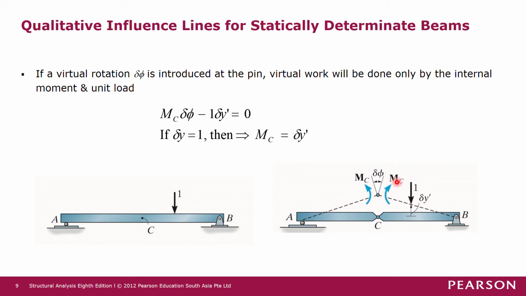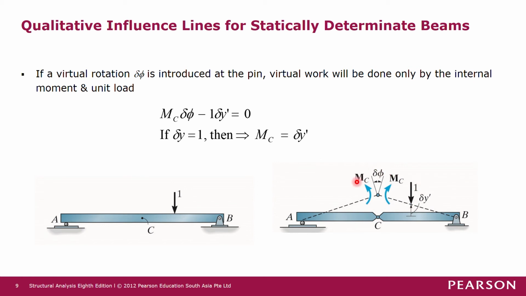This bending moment causes a rotation of del phi. If the 1 unit force is here, then this is the displacement for this 1 unit force, which is in the opposite direction of the 1 unit force.